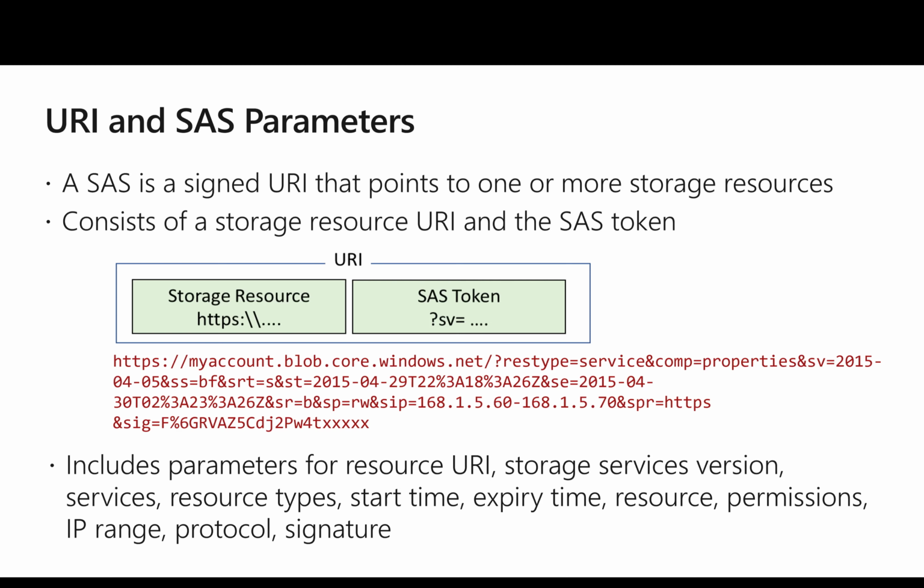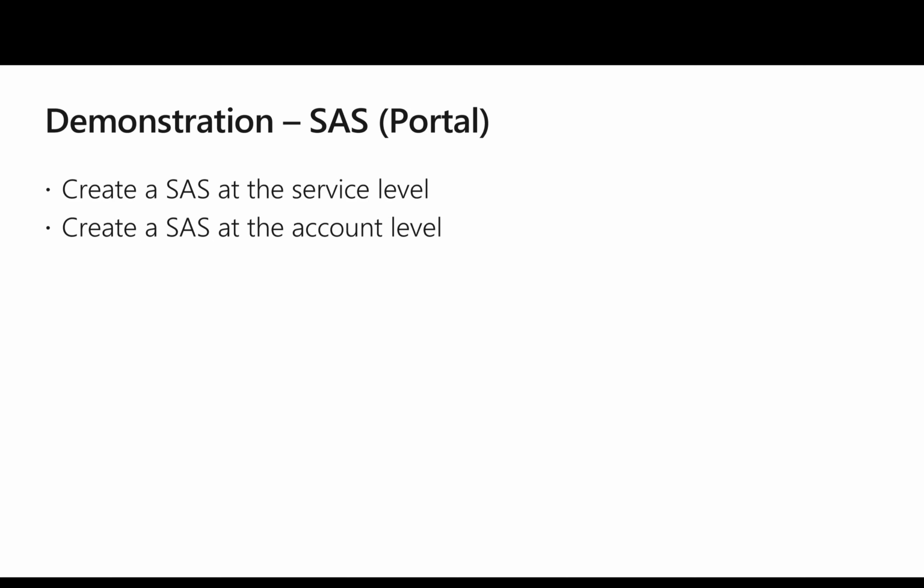This is a typical structure of the shared access signature. Now we will see a demonstration from the Azure portal of how to create an account SAS and the service SAS.